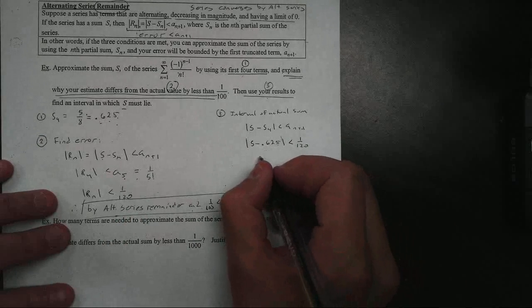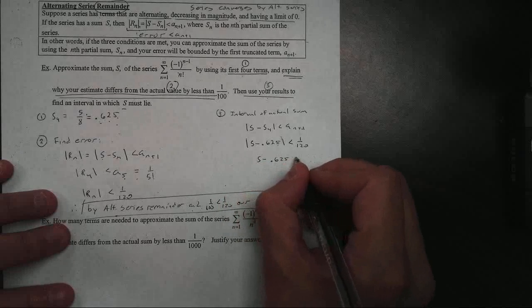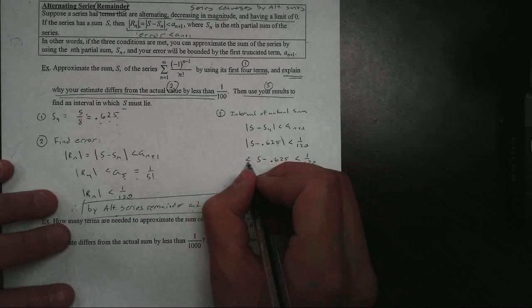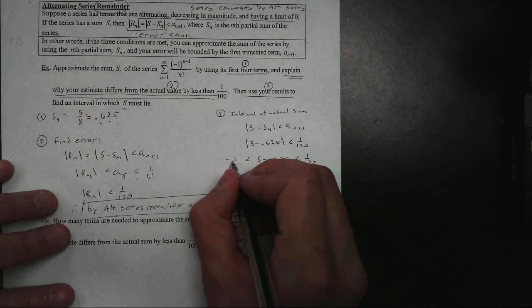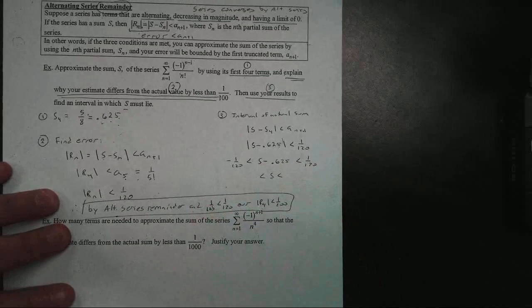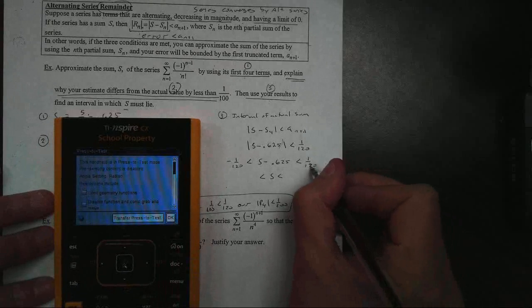And I just solved this. My actual sum minus the 0.625, my approximate value of the first 4 terms, is less than 1 over 120, but can be greater than negative 1 over 120. Using my ever trusty calculator, because my arithmetic is terrible.